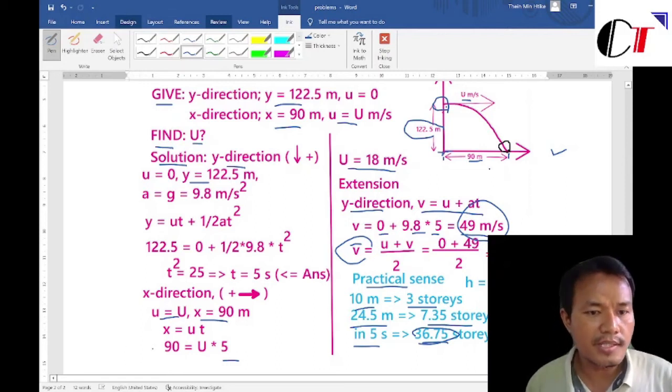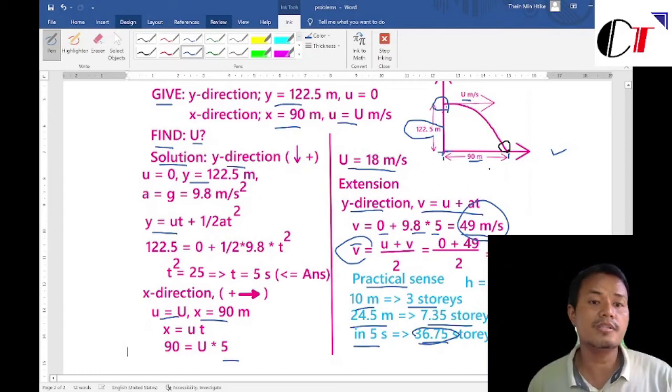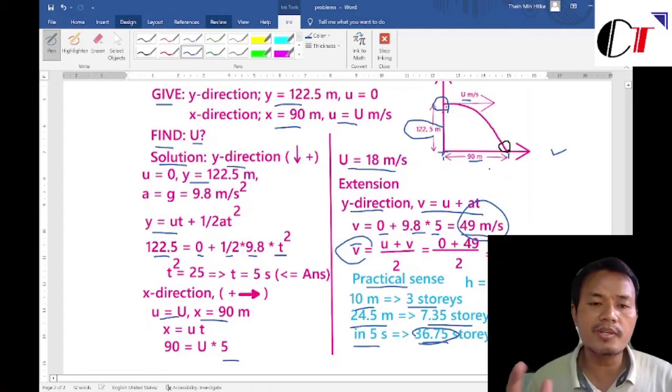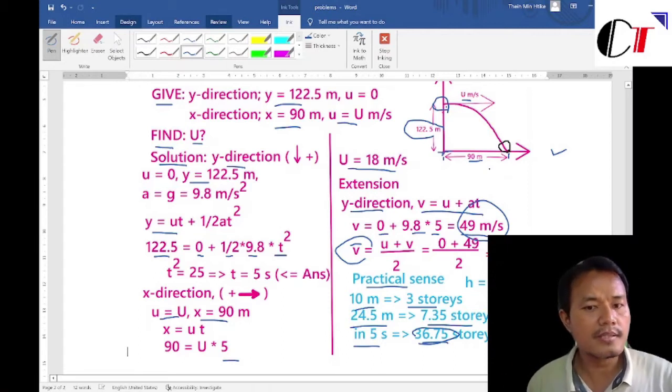Now if you look at the distance in the y direction, y equals ut plus half at square, and y is 122.5, initial velocity u is 0, and you have half, and acceleration of free fall is 9.8, and t square. If you look at this equation, the only unknown is t.